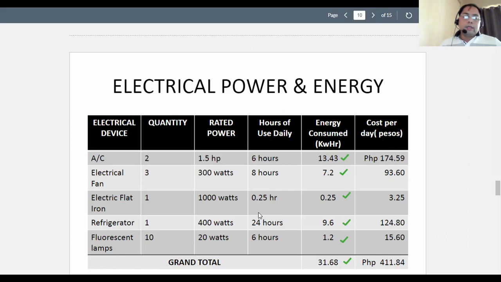Now you will notice that a refrigerator is marked 24 hours exactly. Because your refrigerator is never turned off unless there's a brownout. That's the only time that it is turned off. But basically, refrigerators are base loads. It's running the whole day, the whole night, 24 hours, 7 days a week, the whole year, unless it's damaged.